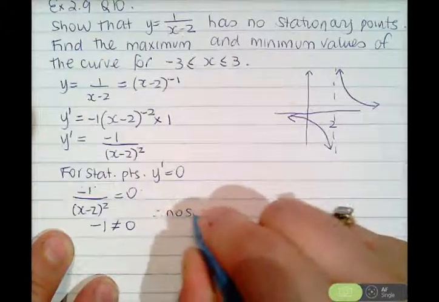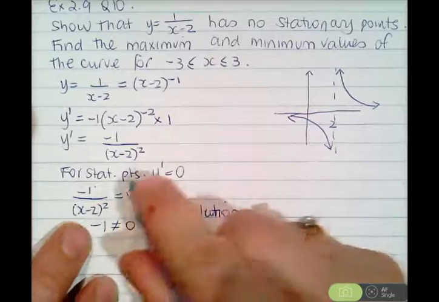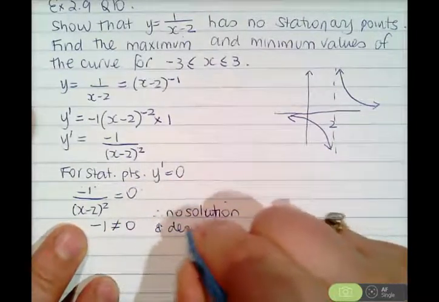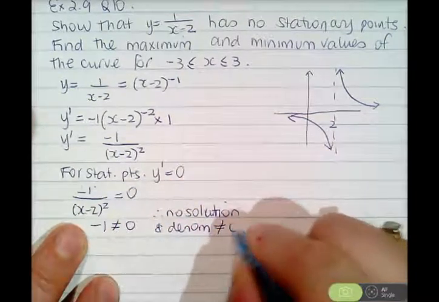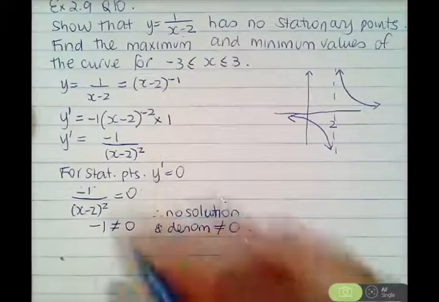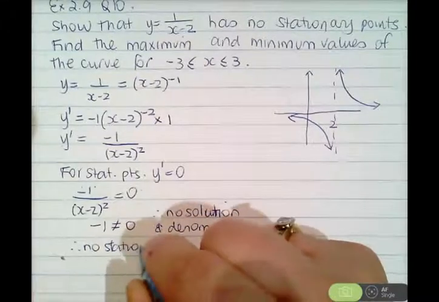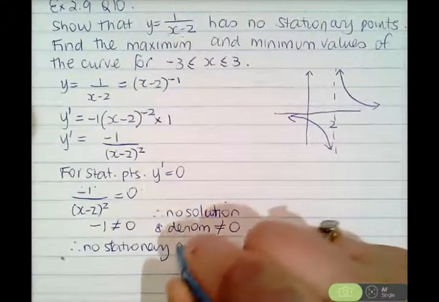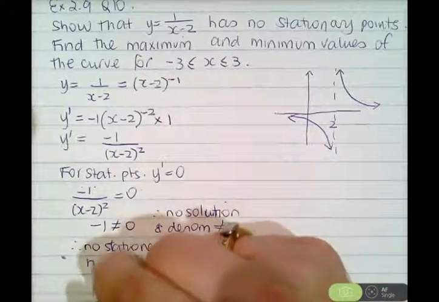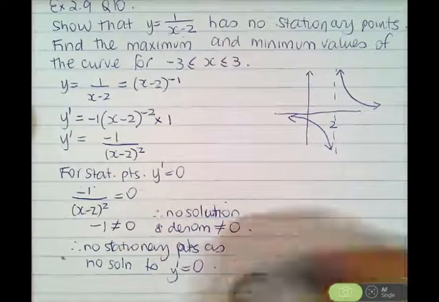Basically, we've got no solution, because -1 doesn't equal 0 and the denominator cannot equal 0. So, therefore, no stationary points, as there is no solution to y dash equals 0.